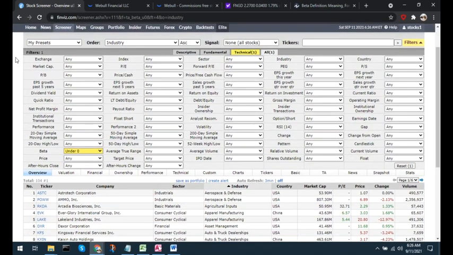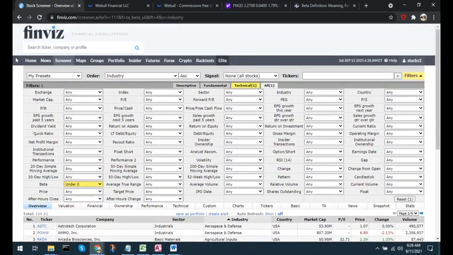So again, I just wanted to really quickly talk about beta, how you can use a negative beta to either hedge your portfolio or even profit in a down market.